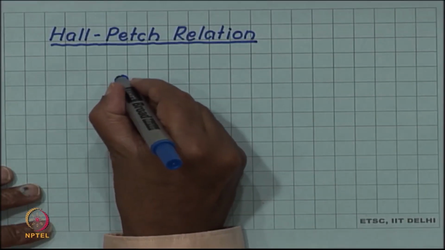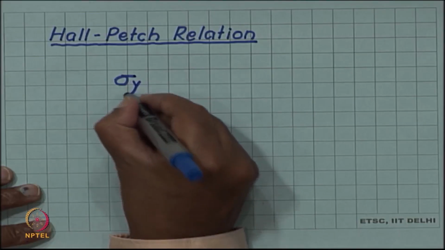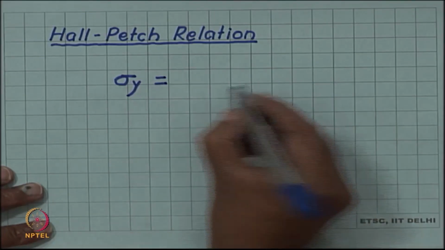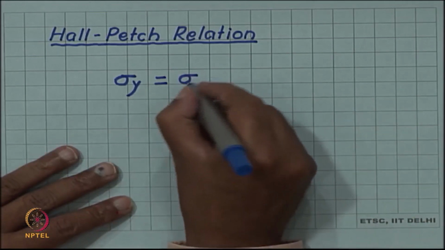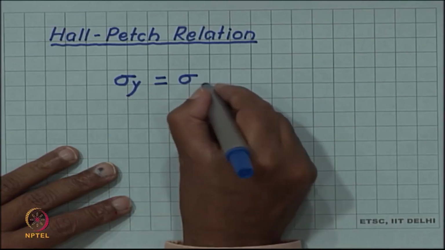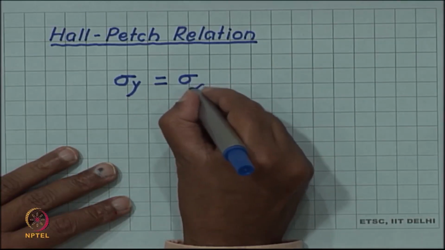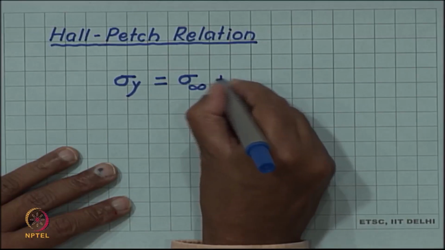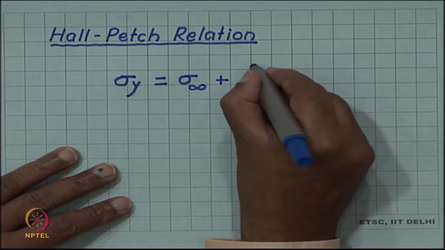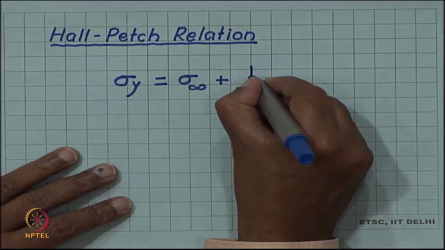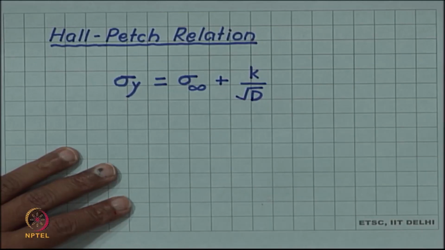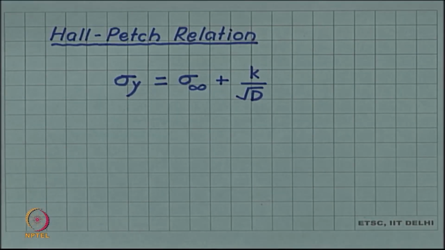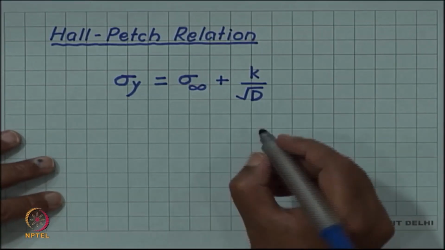They empirically found that the yield stress of a material can be written as, let me write this, sigma y equals sigma infinity plus k by square root of d. By actually doing experiments, they found that yield stress can be related to the grain size.